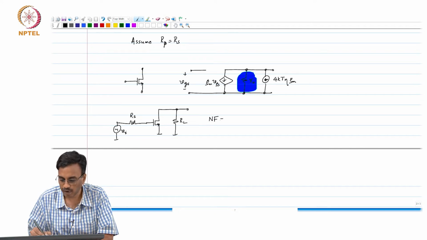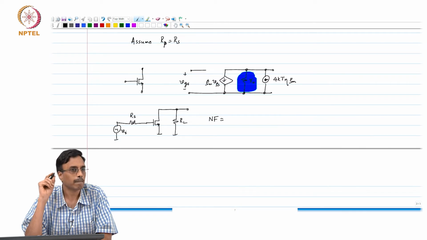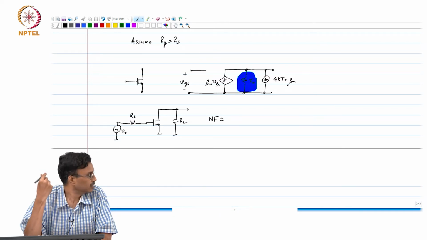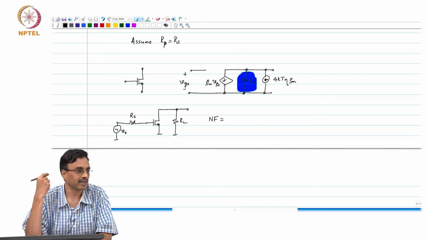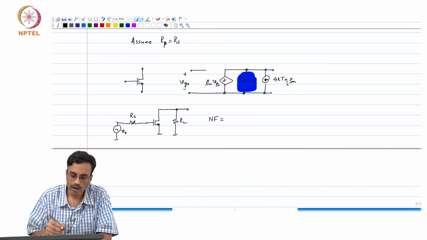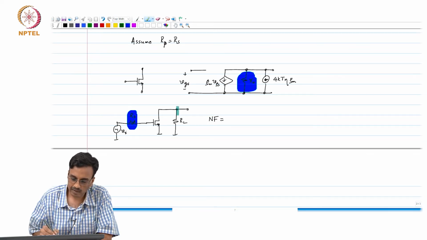How do we find the noise factor? What do we do? First thing is to find the total output noise. So, what will be the total output noise spectral density? Well, what is the gain from the voltage source in series with Rs to the output?